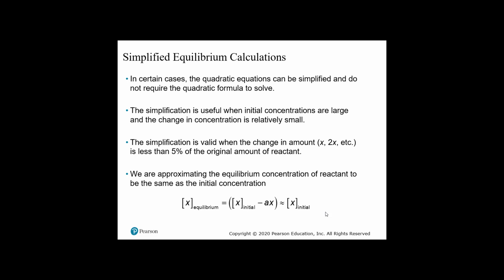Okay, so the simplification is useful when initial concentrations are large. So the initial concentration has to be a large amount, and the change in the concentration is relatively small. How would you know if these two conditions are met? Well, what would prevent a change in concentration, leading it to be relatively small?